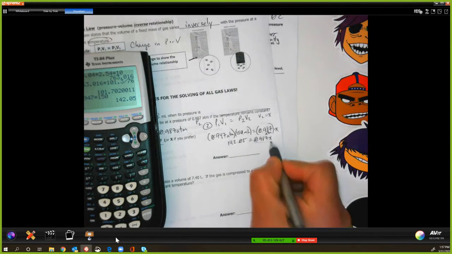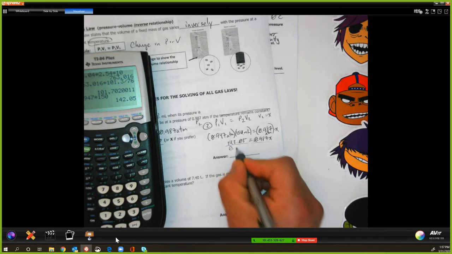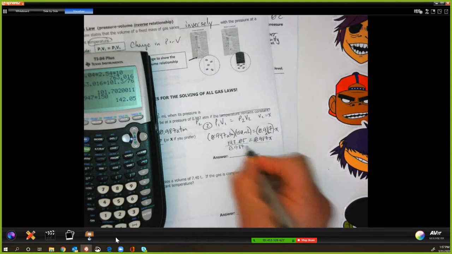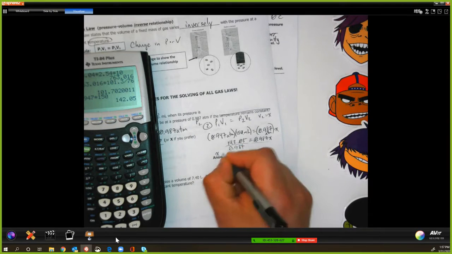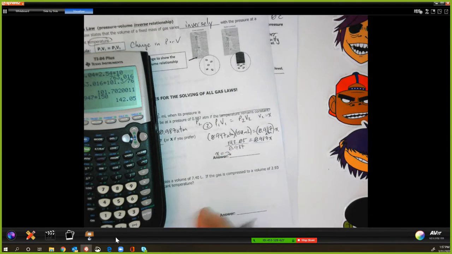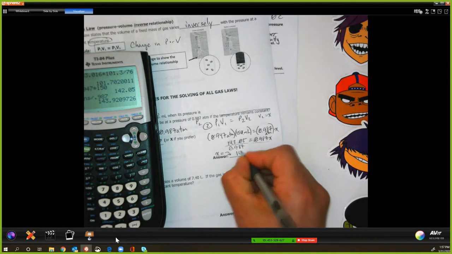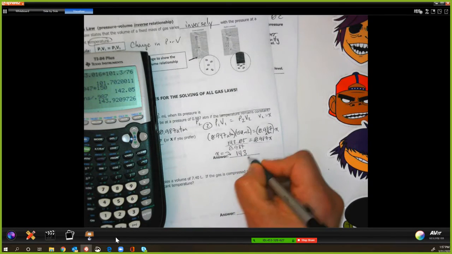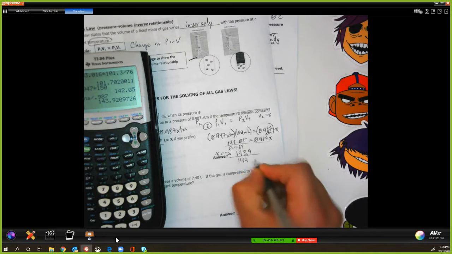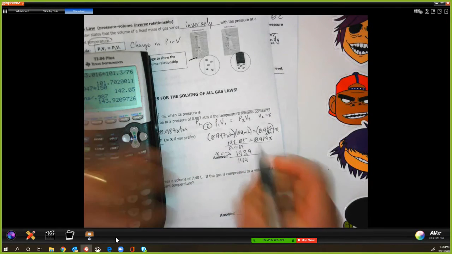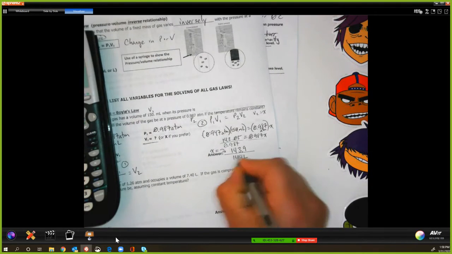So I divide both sides by 0.987 to get my answer. And my x is equal to, and I'm just going to write it here, divide that by 0.987, and you get 143.9, which would round up to 144 milliliters. Either one of those would be good.